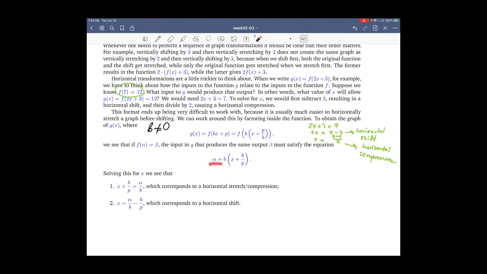And when you look at it this way, and think how you would be solving this equation for x, you are first dividing by b, which gives you a compression or a stretch. And then you subtract p over b, which gives you a horizontal shift. So you see, in the previous example, we were shifting first horizontally and then compressing horizontally. When you do it this way, you stretch first and then shift.